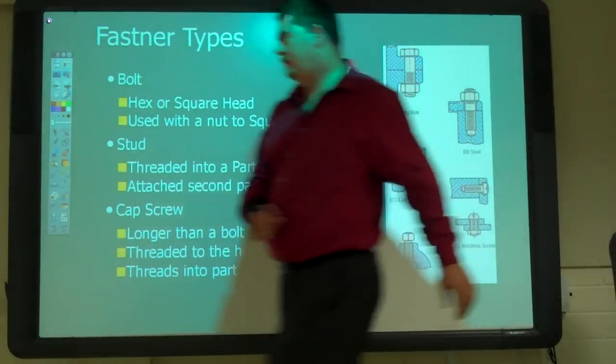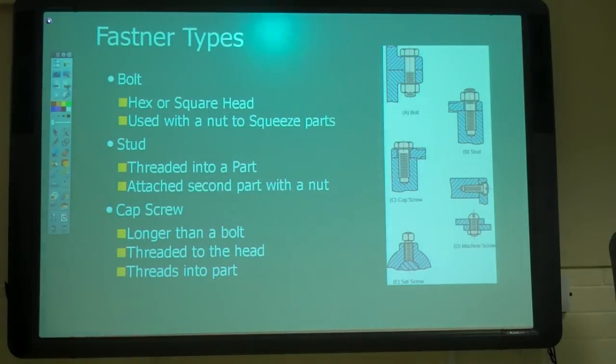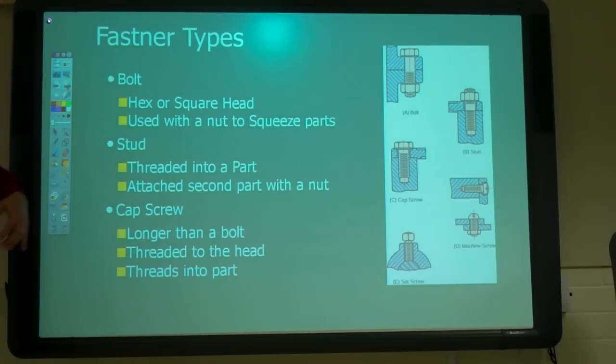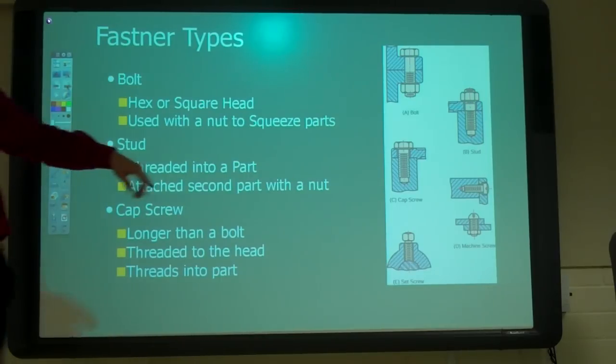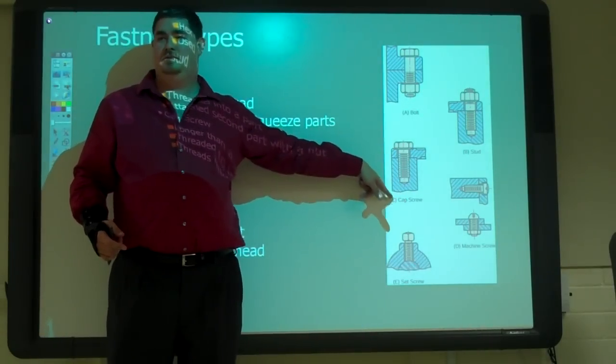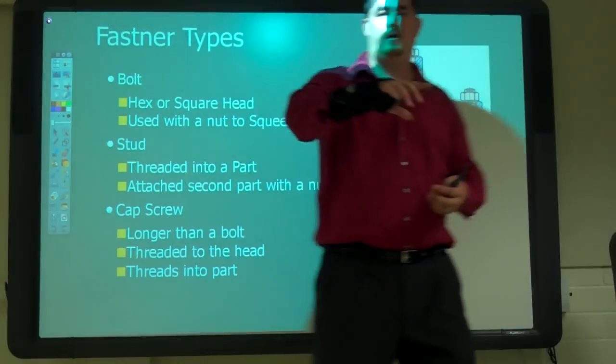So a bolt goes through two parts and has a nut to squeeze it together to hold it in place. A cap screw can be longer than a bolt. It also threads all the way up, and it screws through one piece into a second piece, so that it's actually going into another part.